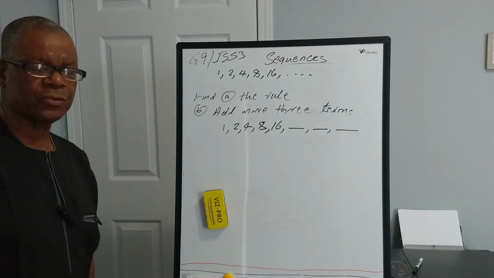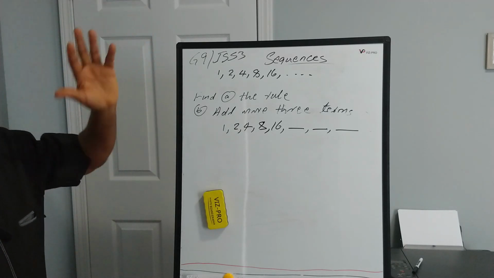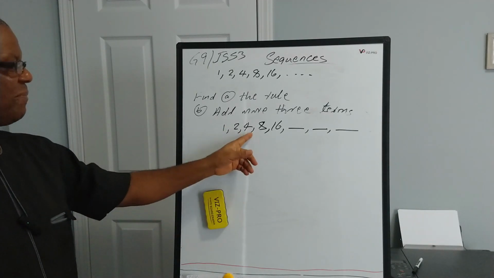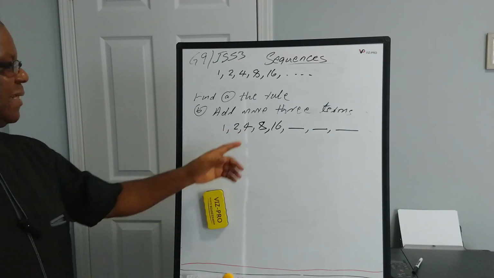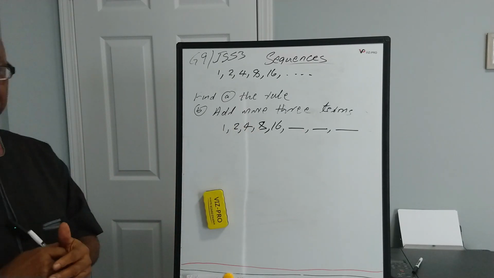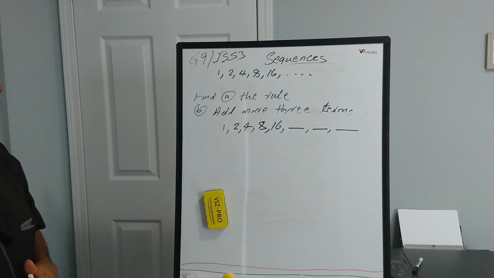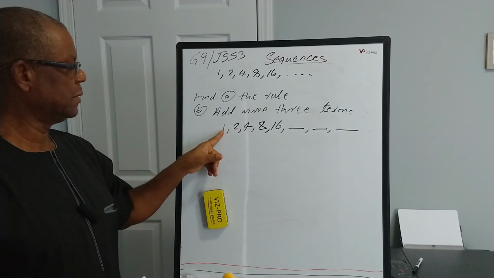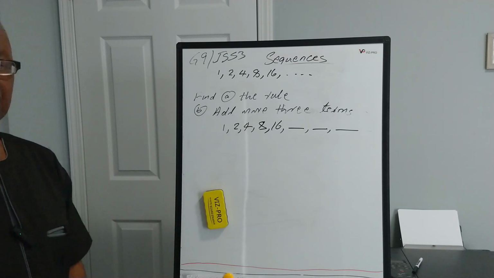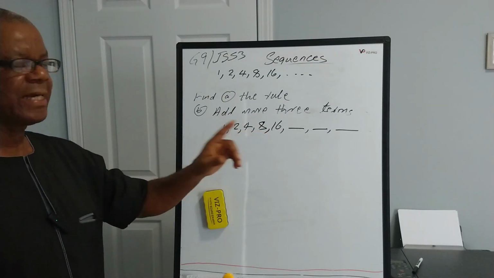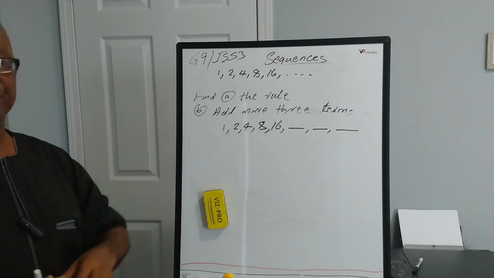So what is our rule here? If we go by that method we're using, subtracting, this 2 minus 1 is 1, 4 minus 2 is 2, 8 minus 4 is 4. You discover they are not equal steps. But if you look closely, you discover that 2 times 1 is 2, and 2 times 2 is 4, and 2 times 4 is 8, and 2 times 8 is 16.